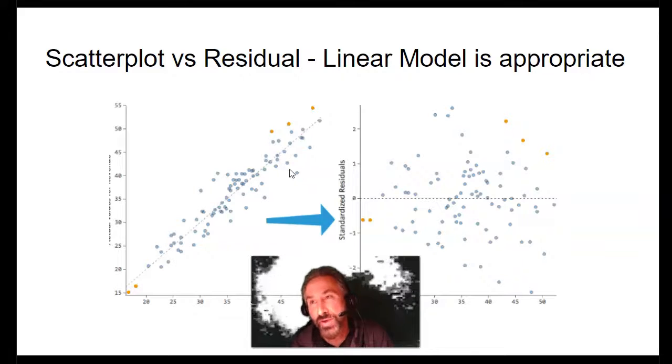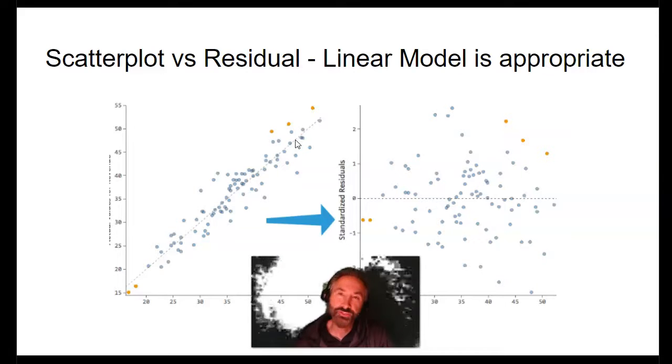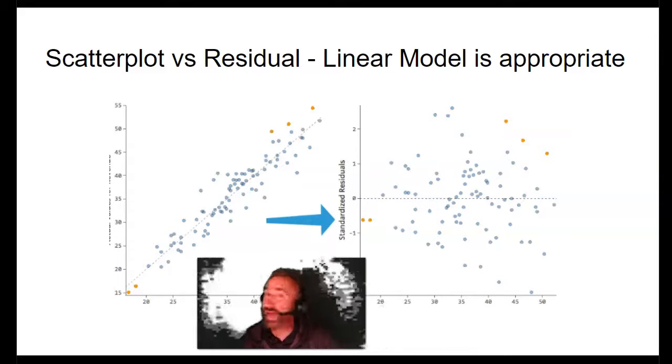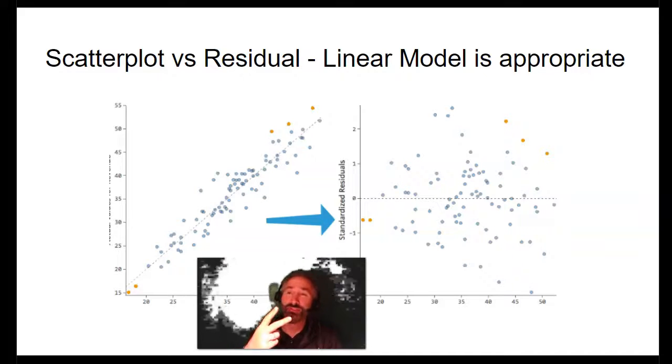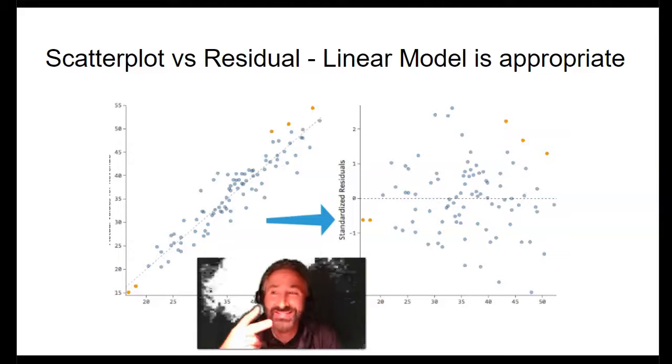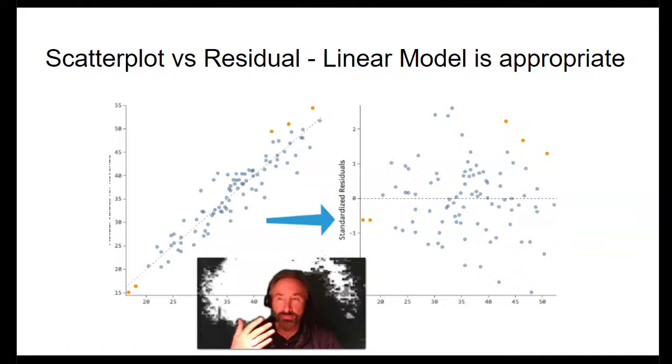Residuals can be positive and negative. A residual plot cannot be positive and negative. Residual plots mainly conform to two categories. Now, when you go to a more advanced statistics class, you'll talk about more ways to consider residual plots.